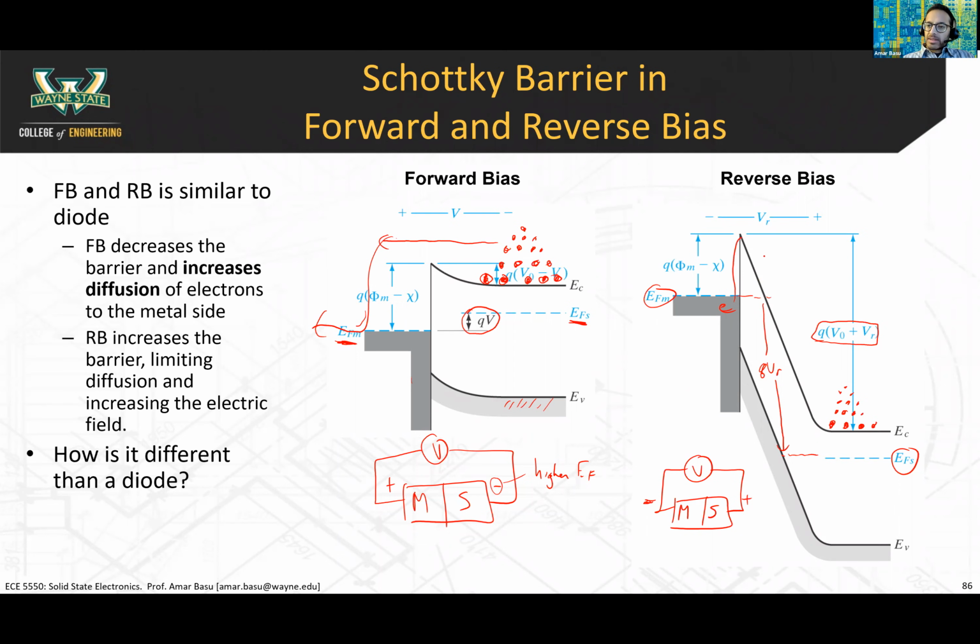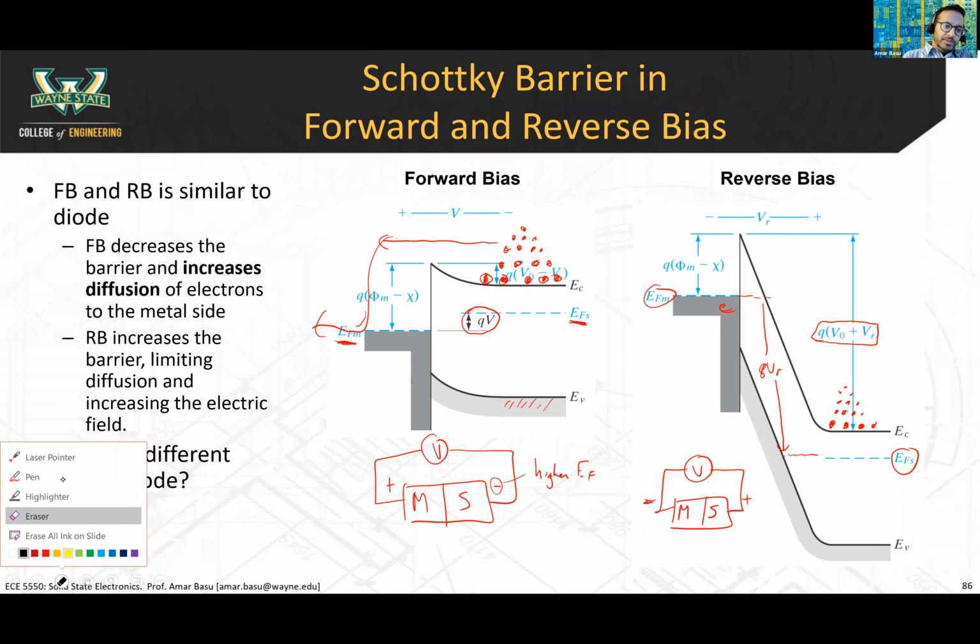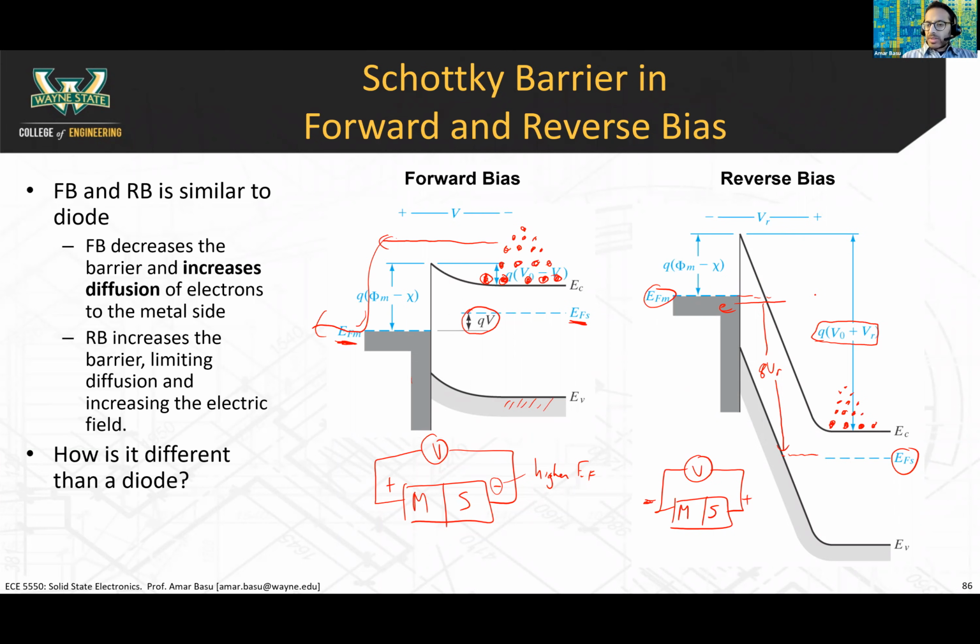It cannot go over that potential barrier. But if the potential barrier were super thin, then an electron could potentially tunnel across like this, and then it'll find lower and lower energy states and get over to the other side.